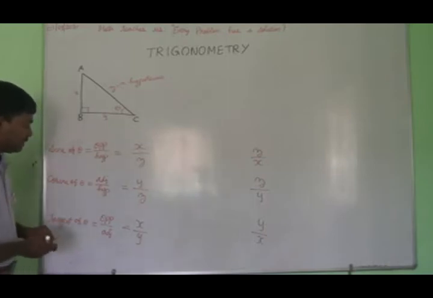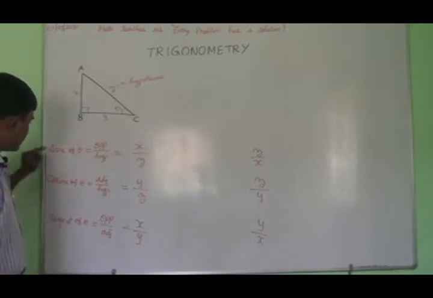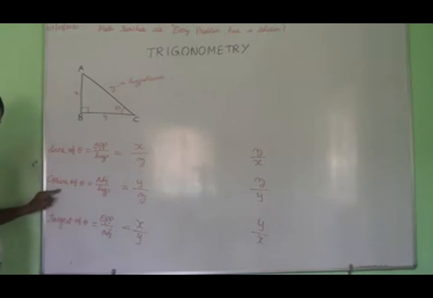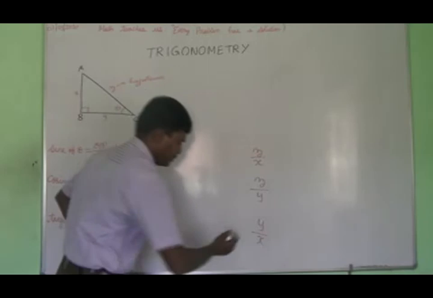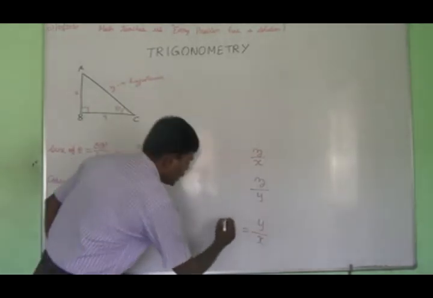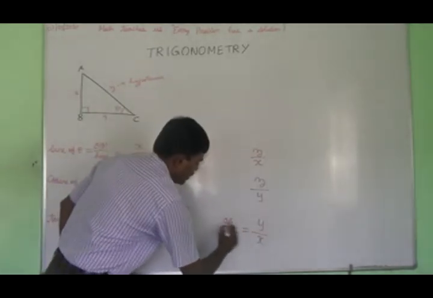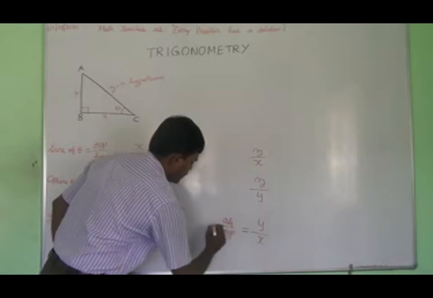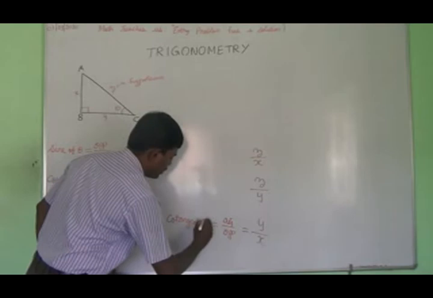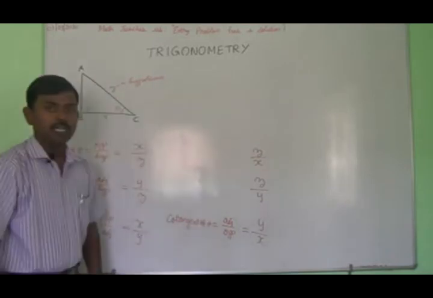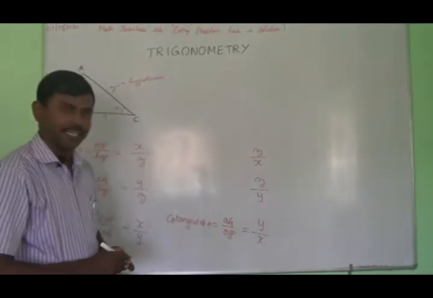Okay, see, this is sine and this is cosine. This is tangent and this one is cotangent, which is nothing but adjacent side by opposite side. So it is cotangent of angle theta. Next comes secant.